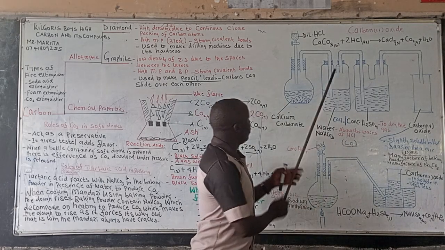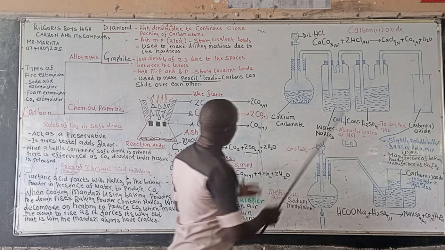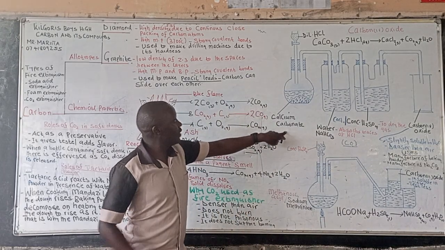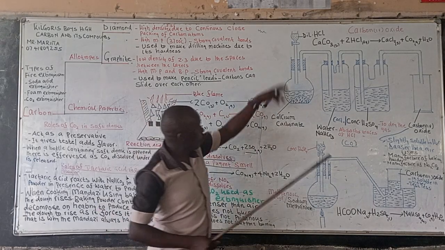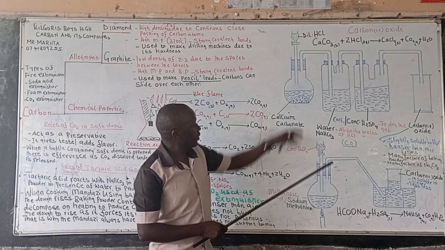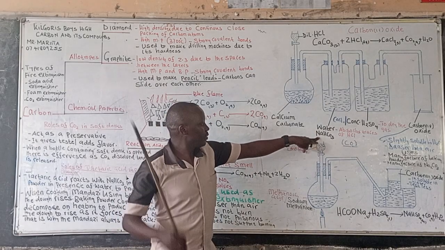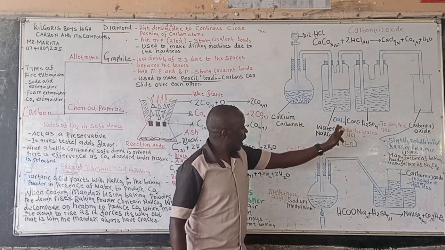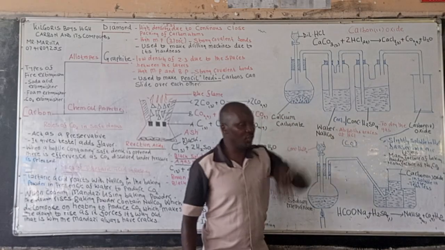Here we have the preparation of carbon dioxide. In the first case, we have the reagent calcium carbonate, and then we have dilute hydrochloric acid. Once the gas has been produced, it is passed through water or sodium hydrogen carbonate, and then through anhydrous calcium chloride or concentrated sulfuric acid.